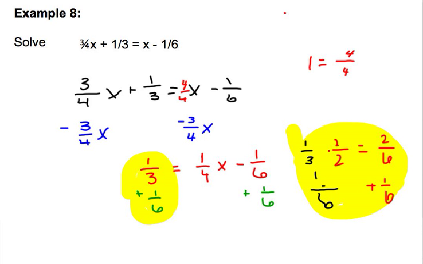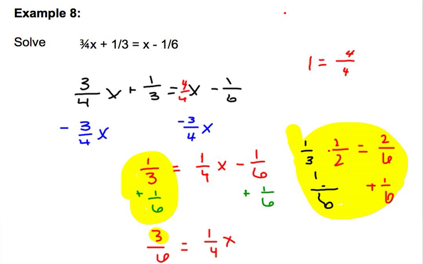We just made 1/3, 2/6. And now we have a common denominator, so we can add them together. So 2 plus 1 is 3. 3 over 6. And we'll reduce at the very end. We're going to worry about that later. Equals 1/4 x. If you want to reduce it now, that's your choice, but I'm going to wait till the very end.